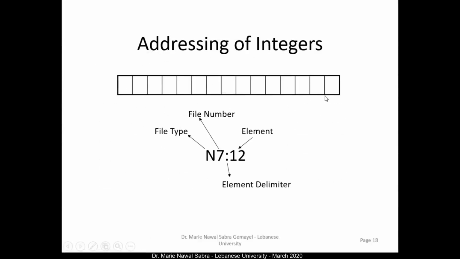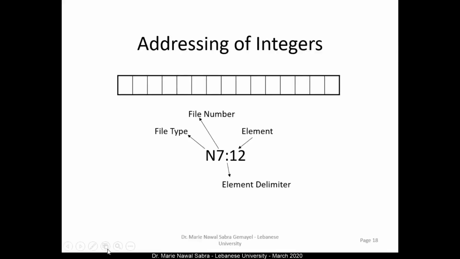Integers are saved on 16 bits, on a whole word, and I need to address the whole word to get the value because they are not digital anymore, they are real values. Therefore, I have the address which is smaller because I have to address the integer file, then I have to address the whole word of the integer.